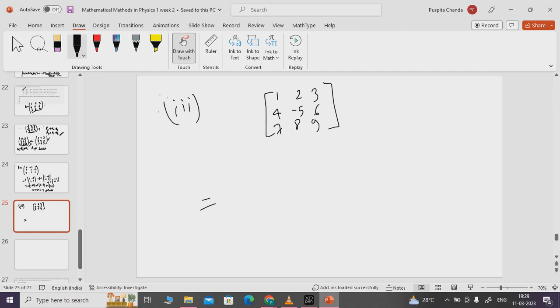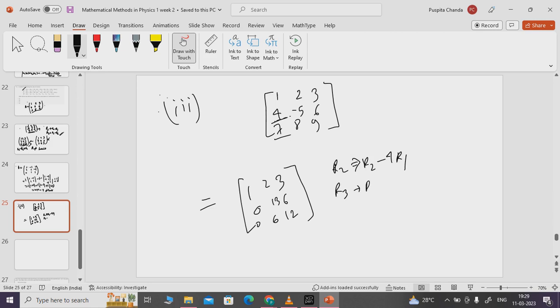To make the determinant calculation easier, you can make the 4 and 7 zero, which can be done like this: R2 is equal to R2 minus 4 into R1, and R3 will be R3 minus 7 into R1, or you can directly take the determinant.